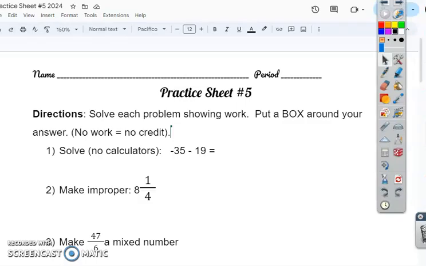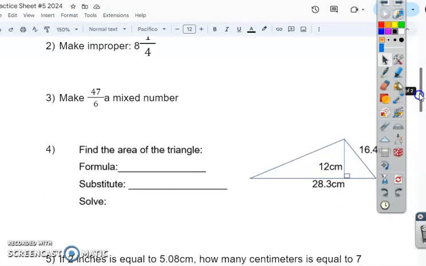So, for the next one, again, I'm going to just show you an example. If I have, let's say, 32 over 5, I would do 32 divided by 5. Over here, you're going to be doing 47 divided by 6, so you'll need to list your 6's.